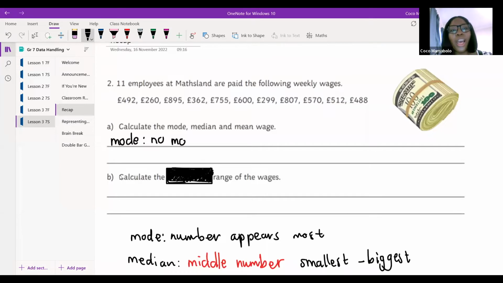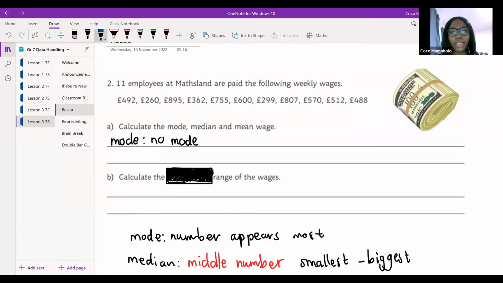There is no mode. I want somebody to put their hand up for me. Can you tell me why there is no mode? Lilenke, tell me, why can we say that there's no mode? The reason there isn't a mode is because there isn't a number that appears the most.